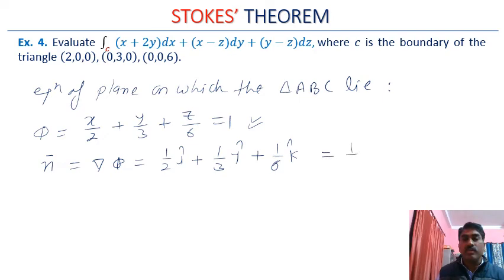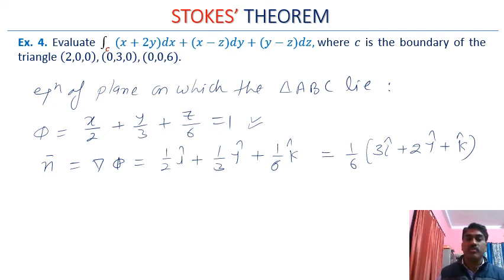It will be easier to take 1 by 6 common, so this is 3i plus 2j plus k. When you take 1 by 6 common, the i component becomes 3, the j component becomes 2, and k is 1.